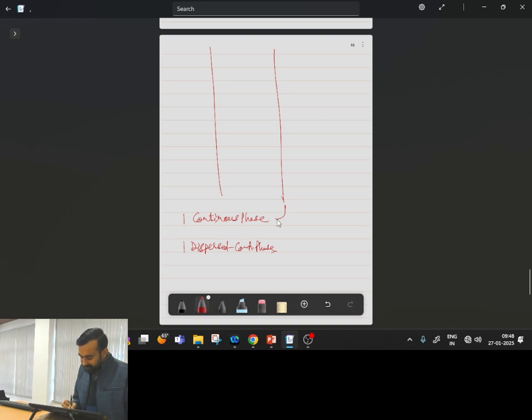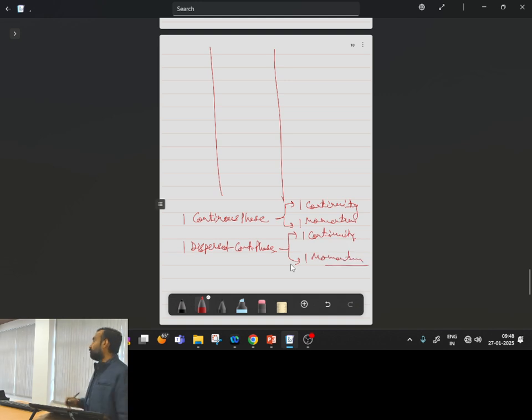Now, for this continuous phase, I will be solving one continuity and one momentum equation. Say if I am talking about adiabatic flows, I am not considering the energy transfer. And for the other phase also I will be solving one continuity and one momentum equation.